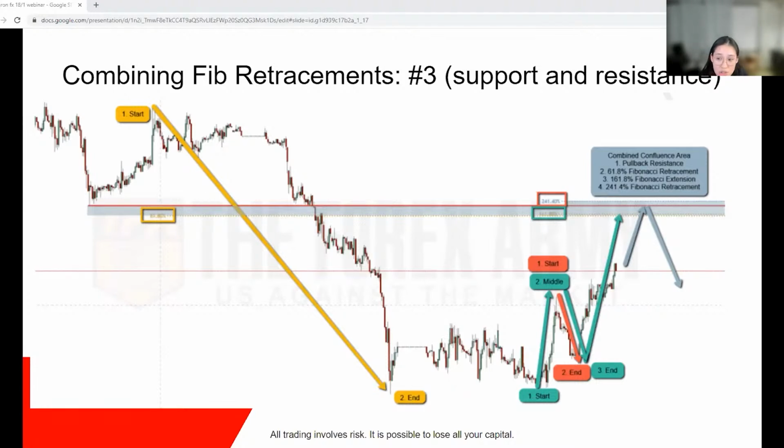So it's a very strong Fibonacci confluence. And it's also a high probability reversal zone that has the potential to see price reverse strongly from this area. So in such situations, you could place a short entry over here at this area.